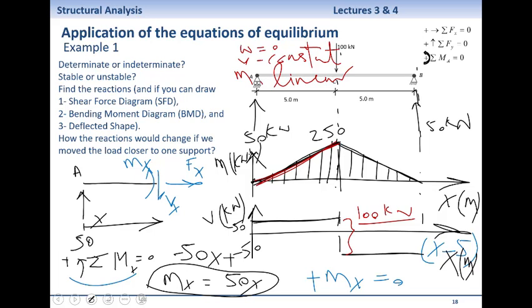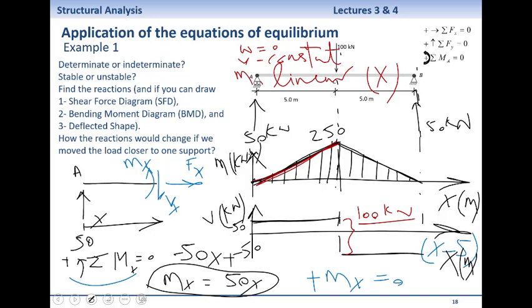So when we say linear, what does it mean? What is the power of x in that equation? 1. If I have an equation, a function of x, and the power is 1, if I differentiate, what do I get?